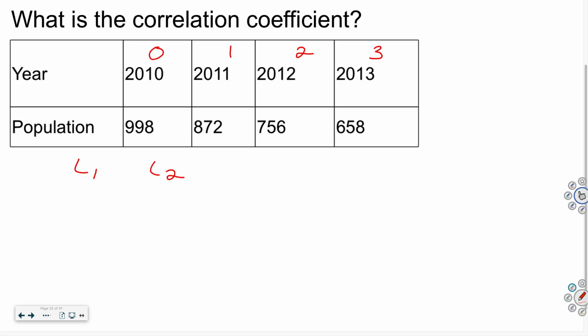And then the other values stay the same: 998, 872, 756, and 658. So that's going to go in our table. I'm going to show that on the calculator.